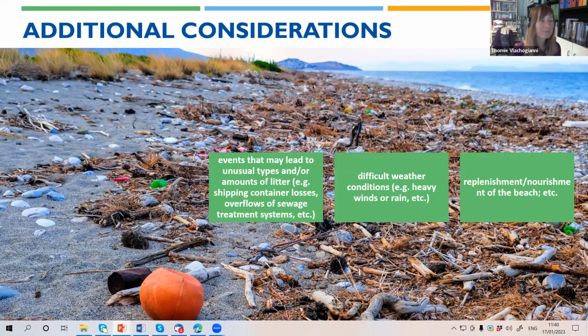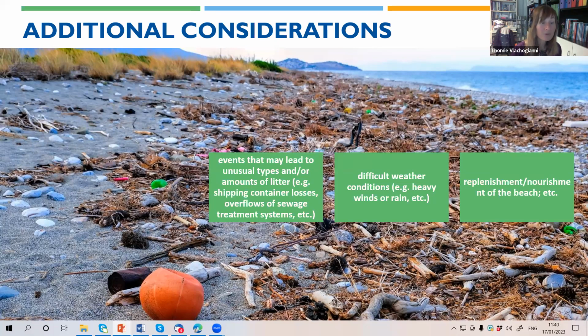And obviously, monitoring this beach and including these results in the calculation of the mean or average litter density might have led to an overestimation. So when there are extreme weather events, the litter surveys should be avoided, because obviously they will not give us a representative picture of the beach.